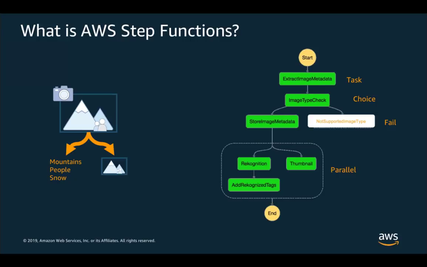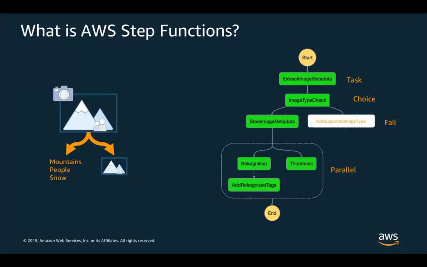So if we look at Step Functions, we would define a state machine, and okay, that would start by uploading an image. So it would be triggered, it would be started by that event, uploading an image to S3. Then we would run a first task, which would be extract image metadata. And that task would first check that the image has the right type.